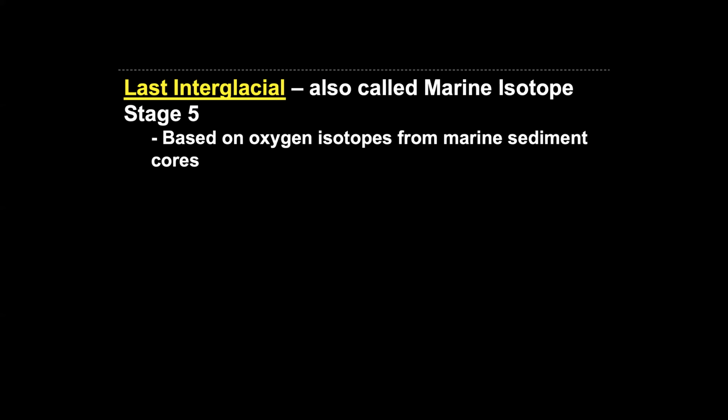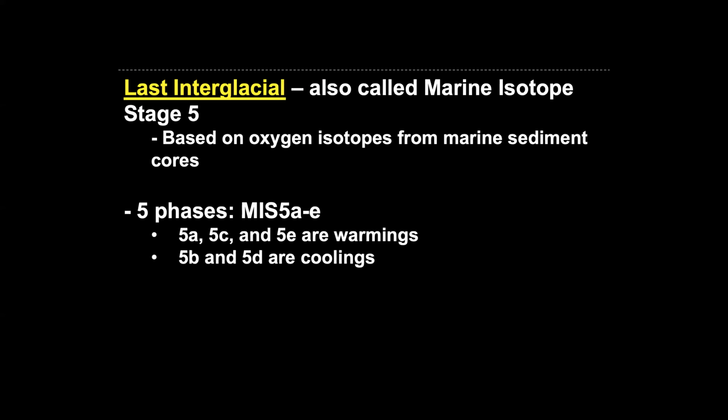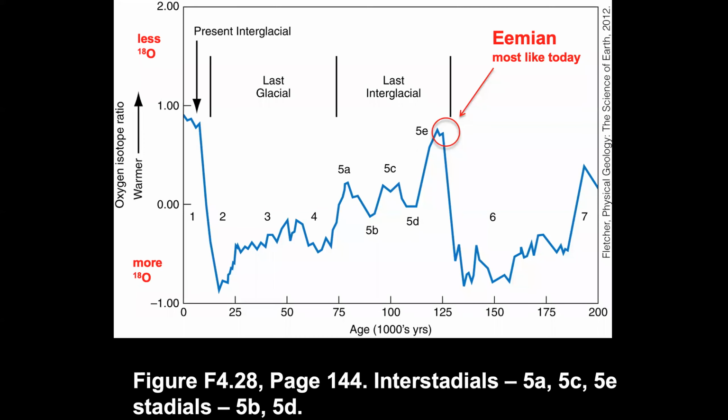So the last interglacial, also called the marine isotope stage 5, I know, crazy name for it, but basically it's based on oxygen isotopes from marine sediment cores. And there are 5 phases, A through E. A, C, and E were warming ones, and B and D were cooling events. Okay? And here it is.